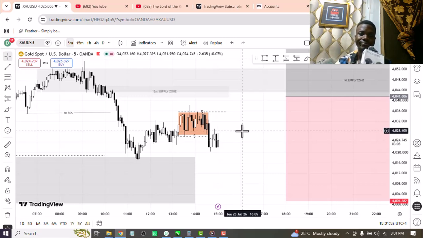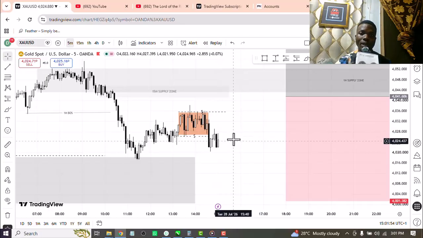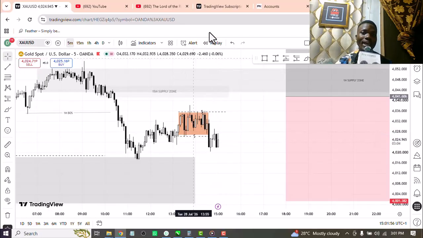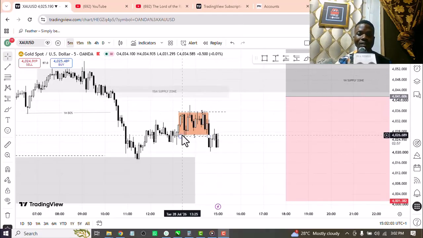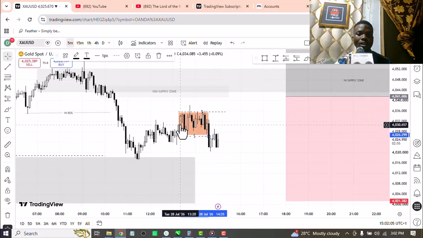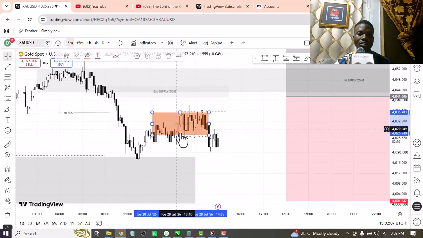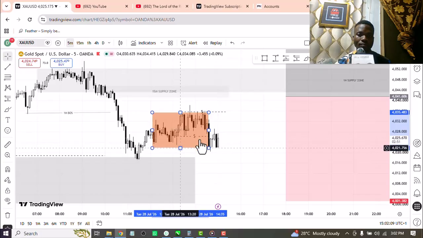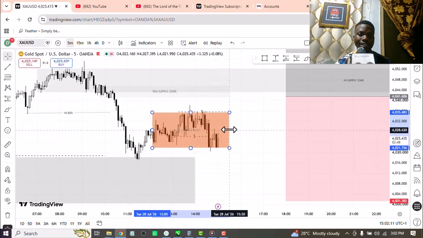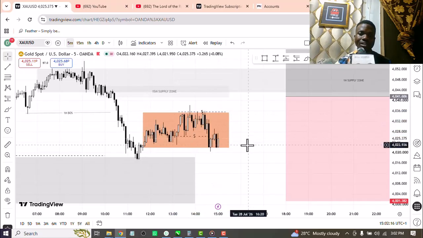So, let us wait. I'm waiting for price. In fact, I can extend this consolidation to this area right there. So this is liquidity being built up.